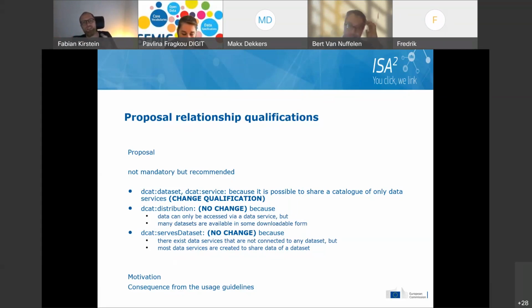And what we see, I'm one of the developers of data.europa. What we see is that all data providers who are using data services right now, they just use it in distributions. They don't use it on a catalog level.